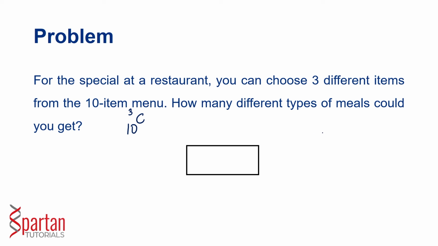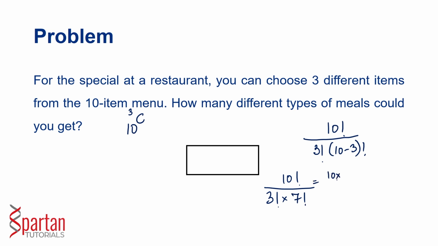So we can use the formula for combinations as 10 factorial divided by 3 factorial multiplied by (10 minus 3) factorial, or 10 factorial divided by 3 factorial multiplied by 7 factorial. Now we can expand 10 factorial as 10 × 9 × 8 multiplied by 7 factorial, divided by 3 factorial multiplied by 7 factorial.